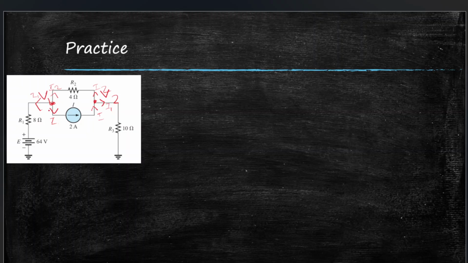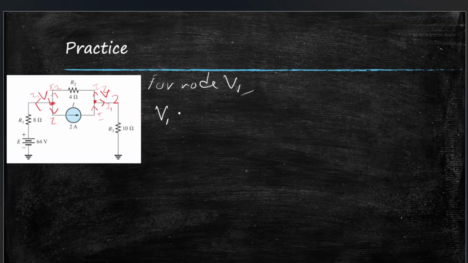Okay, so let's start with v1. I won't write the I's, I'll just go directly to the Ohm's law version of it. But yes, we'll be applying KCL now. For node v1, let's see what we have.